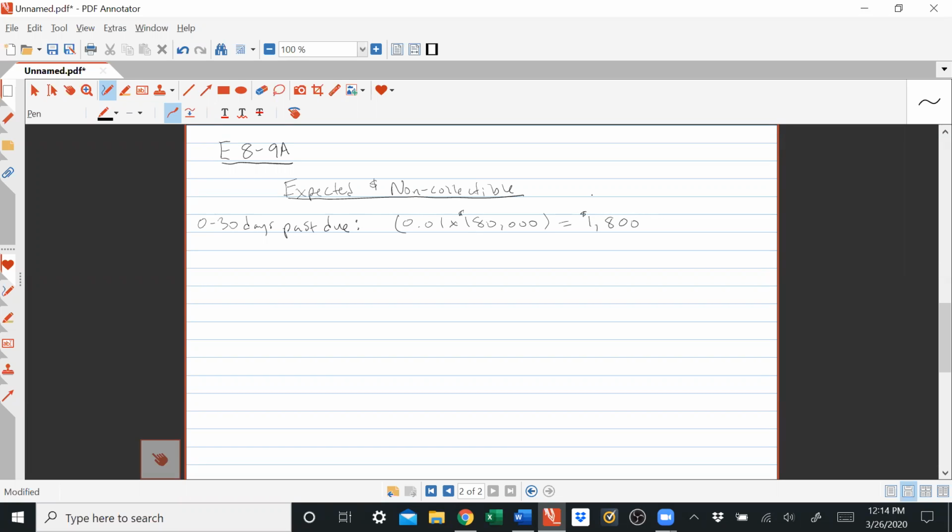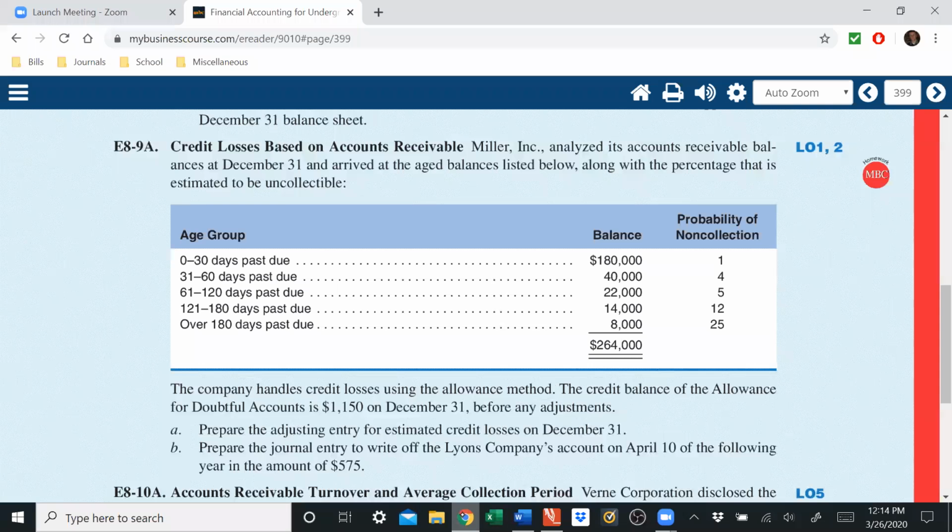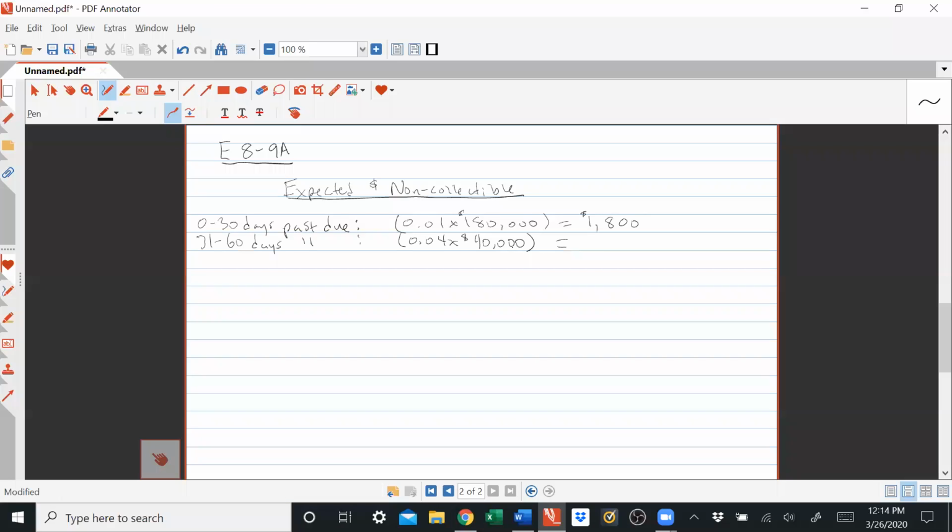I believe that's right. Between the 31 to 60 days past due, we have 0.04 times 40,000. So we expect not to be able to collect 4% of 40,000. 4% of 1,000 is $40, so 4% of 40,000 is 40 times 40, which I guess is 1,600.